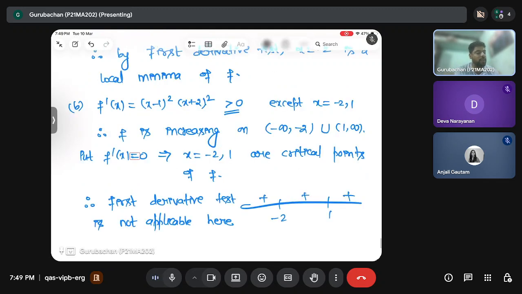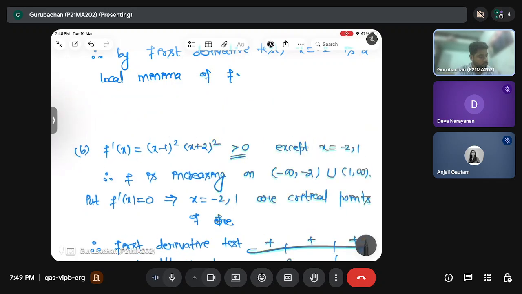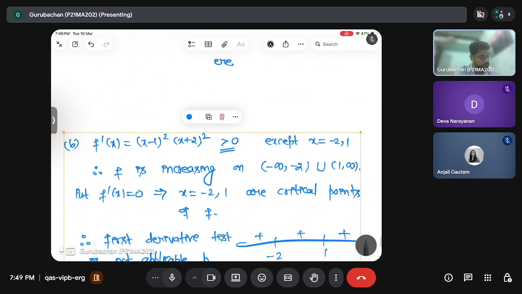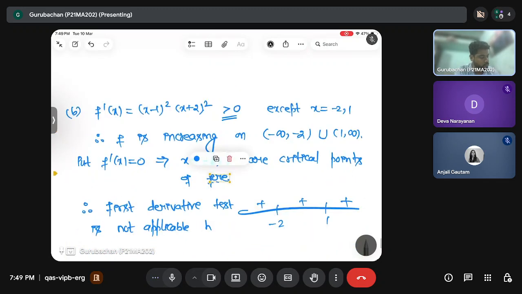Before that, we missed one thing, that we need to also apply the second derivative test in the first question. So let us verify our conclusion with that also. So what is second derivative test?